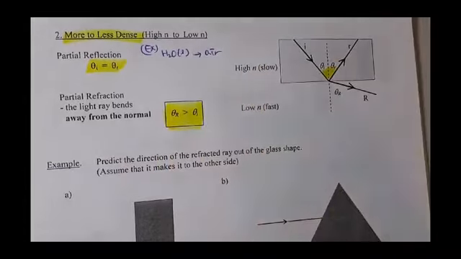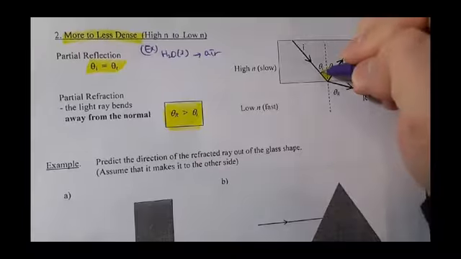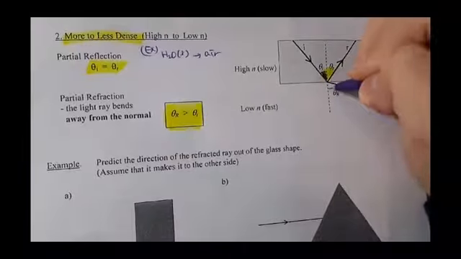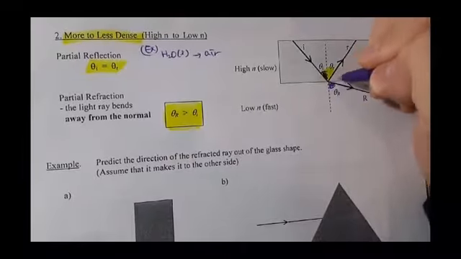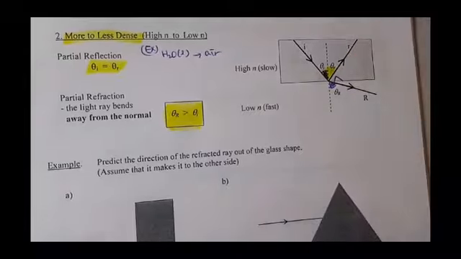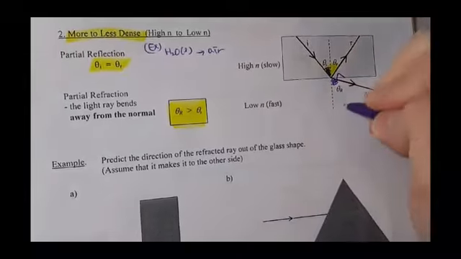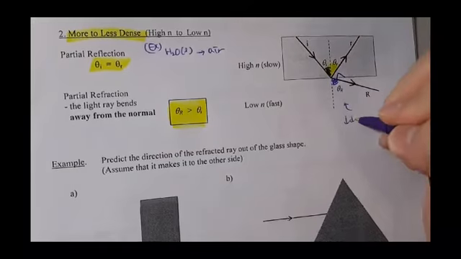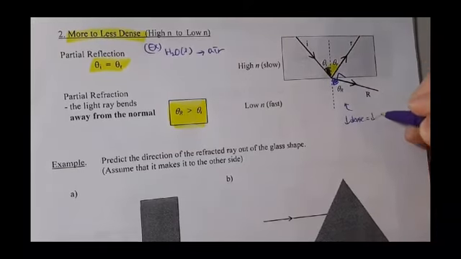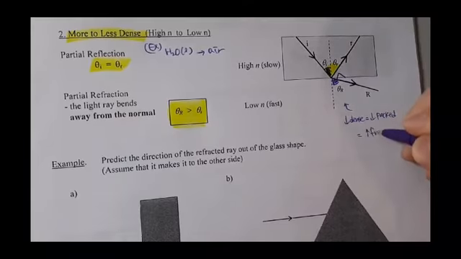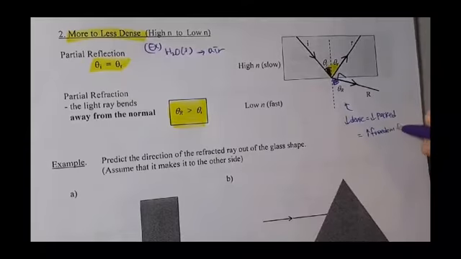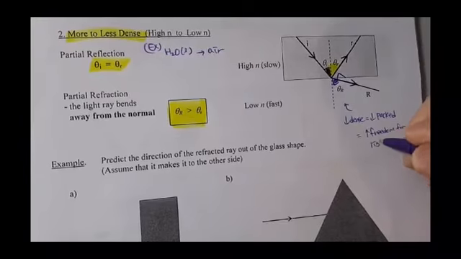So what you will see is that the angle of the refracted one is way bigger, because you have more freedom. Again, less dense means less packed, means more freedom for light.